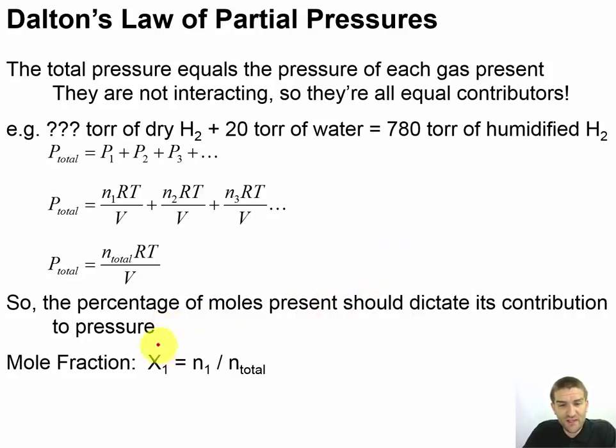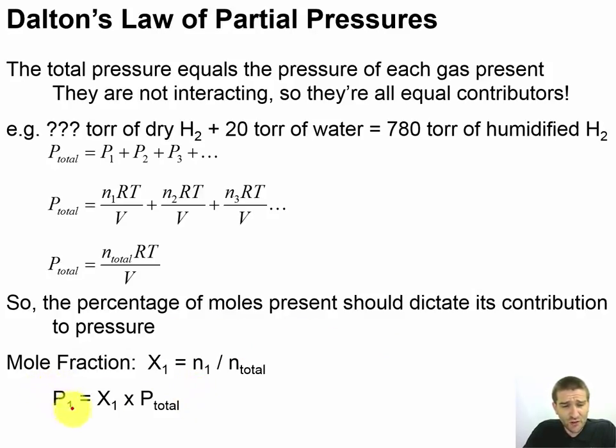Now mole fraction is given as capital X, or more often capital Chi, which you'll see is kind of like a handwritten cursive looking X. The mole fraction of that particular molecule is going to be the molecule's number of moles divided by the total. In other words, this is the percentage just without the times 100%. So it's just without that piece of a percentage calculation. And we can lay it out just like that.